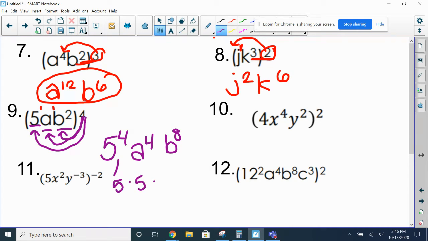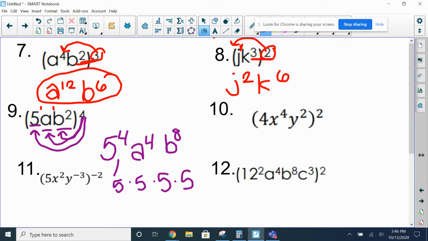1, 2, 3, 4 times. And say that 25 times 25, and then actually solve it out.